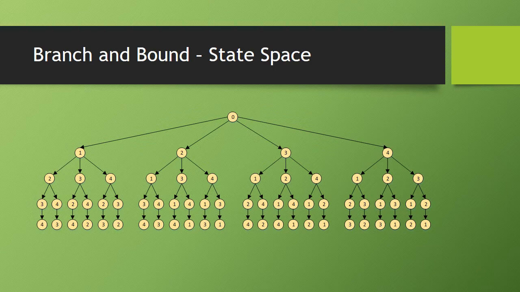And before the demo gets started, this is just a quick little idea of what the state space for the traveling salesman problem looks like if you're starting at city 0. So for example, we can start at city 0, we can reach city 1, we can reach city 2, we can reach city 3, and we can reach city 4.